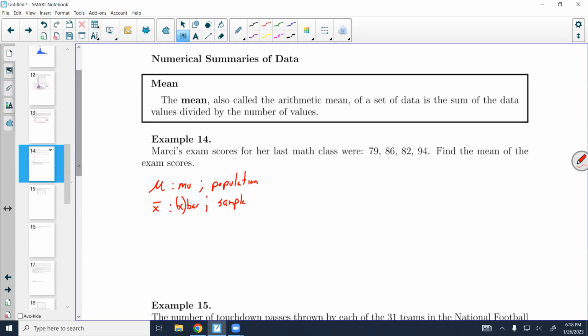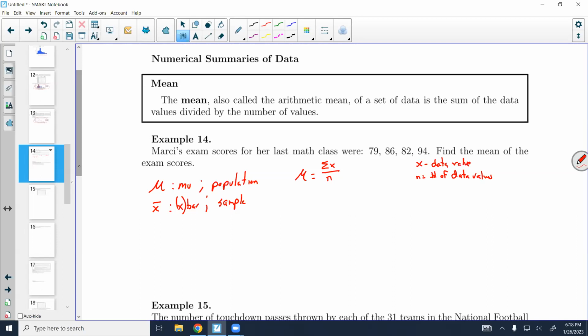That's the first thing. The formula to calculate the mean, either way really, is the sum of all the data values, sum of X, divided by N. X is the data value, N is the number of data values.